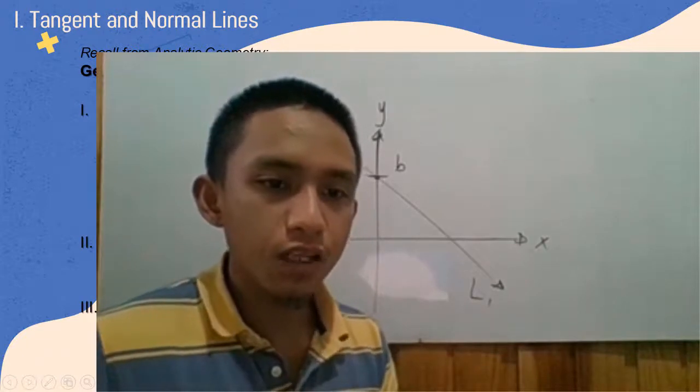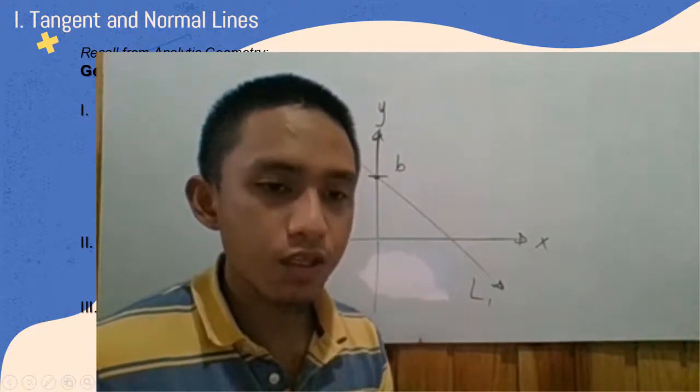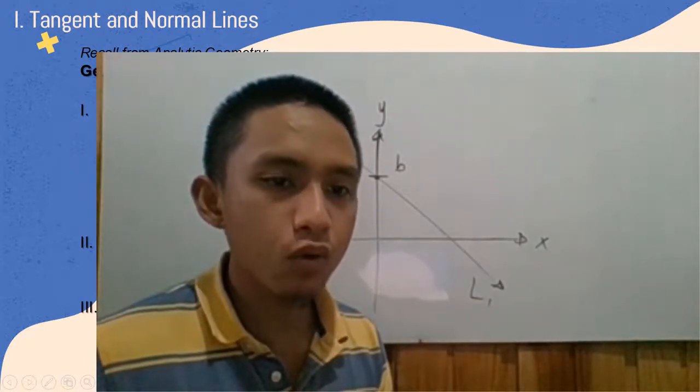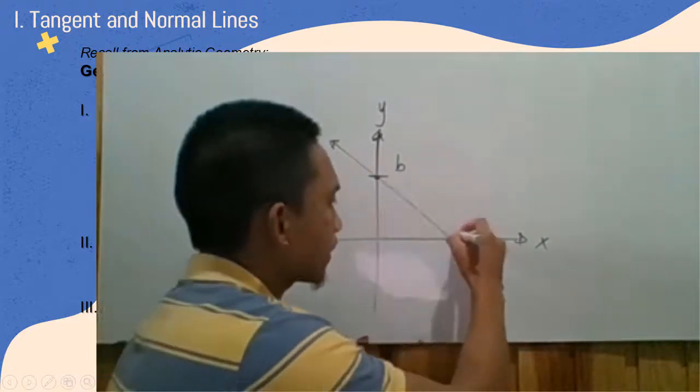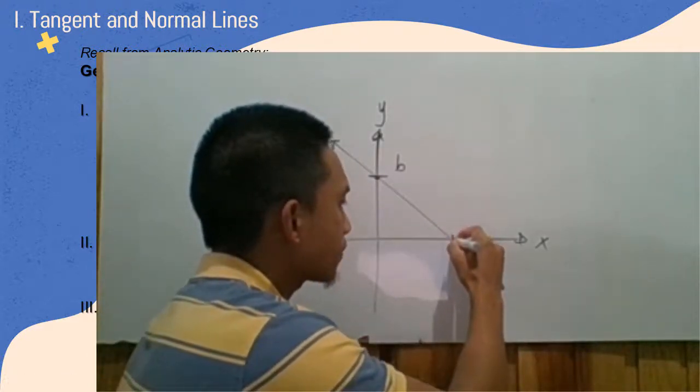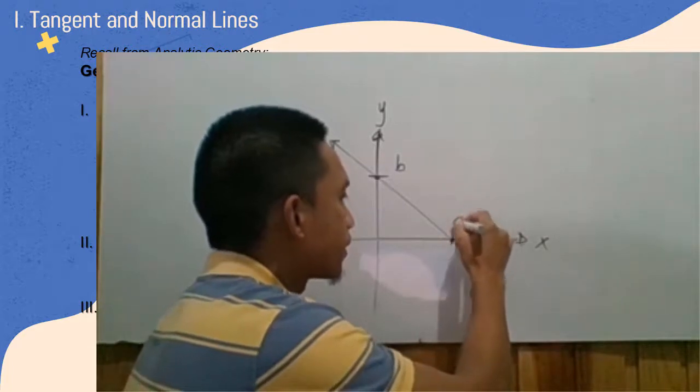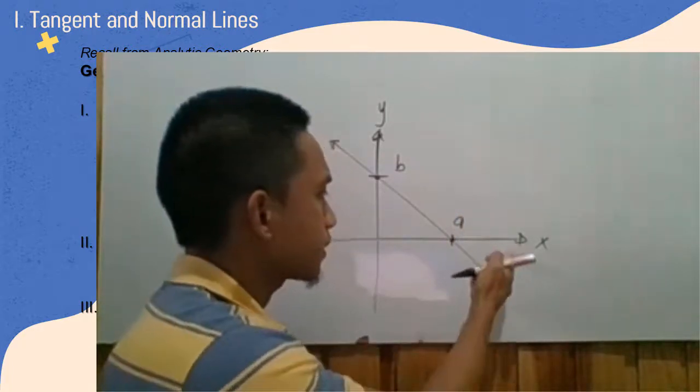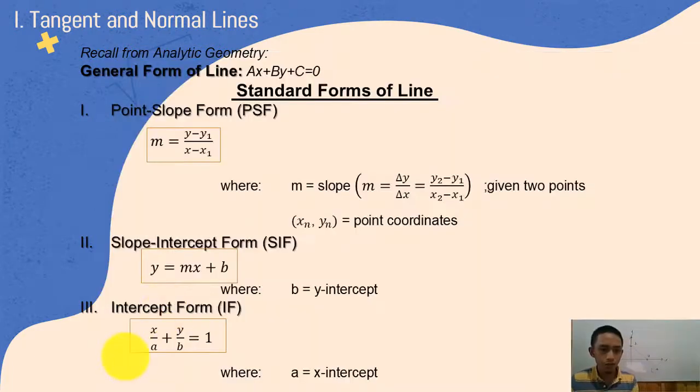And related to that, we have here the intercept form. If we say intercept form, we will be having there both intercept, the y and x intercept. Okay, x intercept is where the line will pass your x-axis. So you have there in your formula your a and b. X and y are your variables.